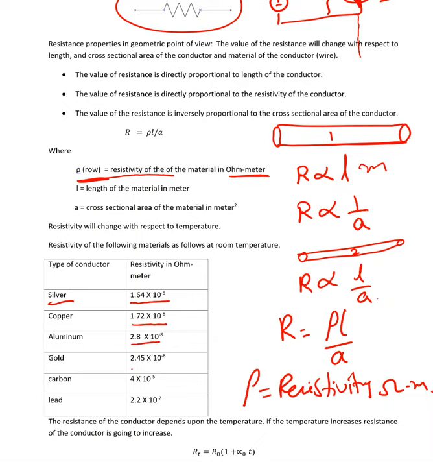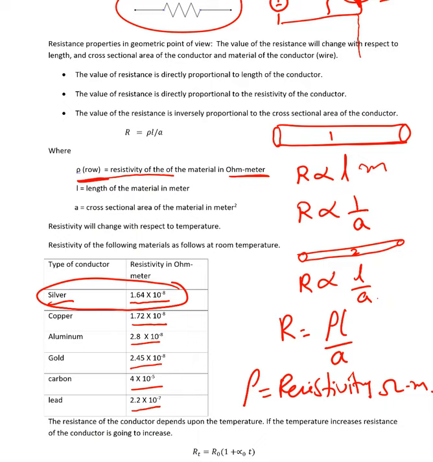Aluminum 2.8, gold 2.45, carbon 4 times 10 to the power minus 5, lead 2.2 times 10 to the power minus 7. Out of all these materials, which one is the best conductor? Silver has a low resistivity value, not resistance value. So silver is the best conductor.